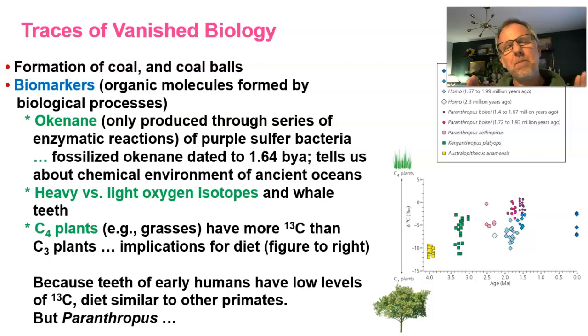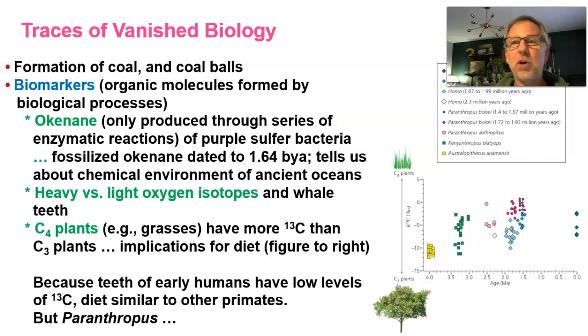So by measuring the proportion or amount of carbon, the type of carbon isotope in a fossil, that tells us what kind of plant that animal must have been eating. A plant that was more of a C4 plant, like a grass, or a plant like a C3 plant that maybe was a fruit-producing plant.